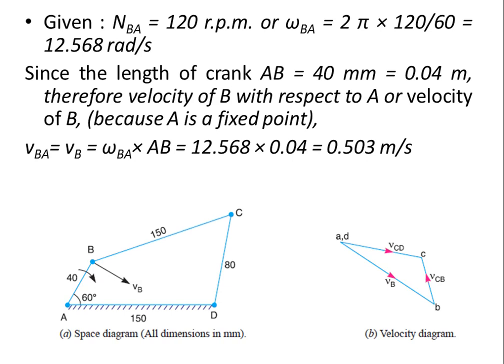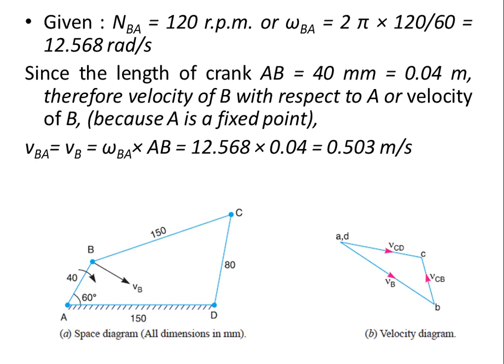So 12.568 multiplied by 0.04. 0.04 means you have taken it in meters, so that you get the units in meters per second. So 12.568 into 0.04, you get 0.503 meters per second. So you got this answer.